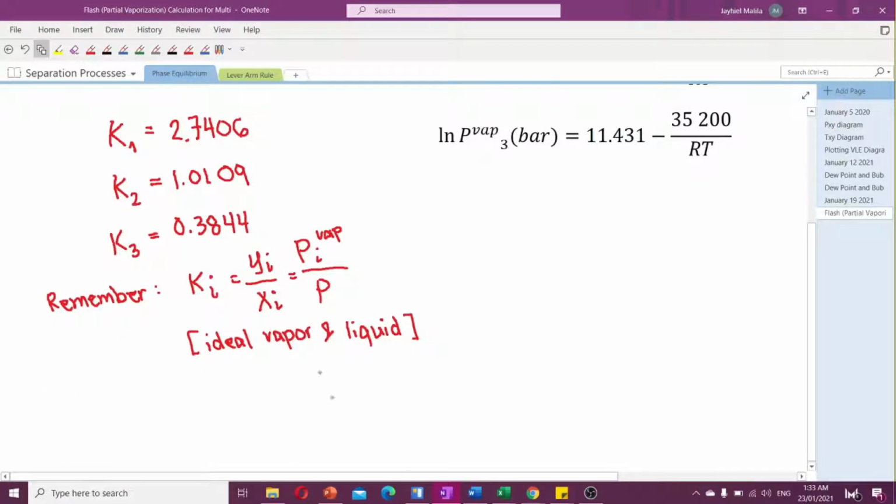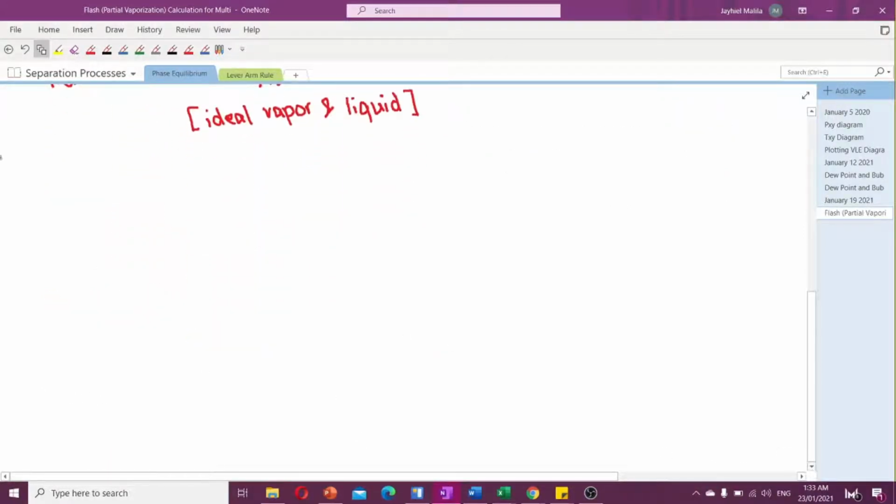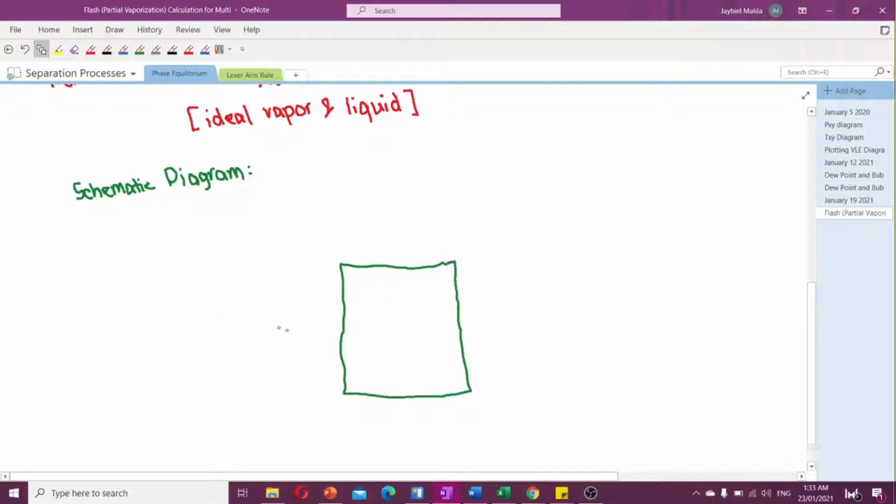So let's start. First things first, we need to create a schematic diagram, just a simple diagram to organize our variables, our knowns and unknowns. So we have here a box or a block to signify a process.